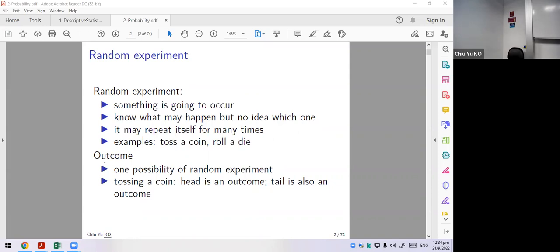If you believe in the deterministic idea, nothing in this world is probabilistic. It's deterministic, but we just don't know. If I know exactly everything, then there's no uncertainty, at least in the macroscopic world.